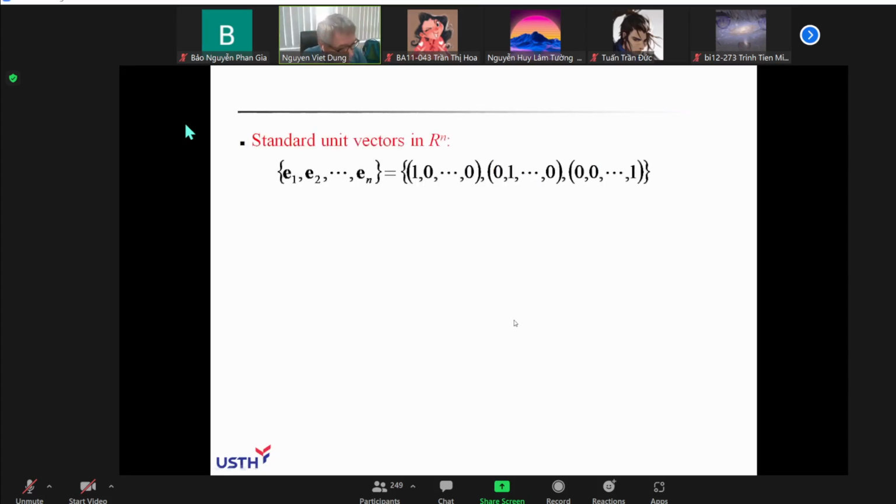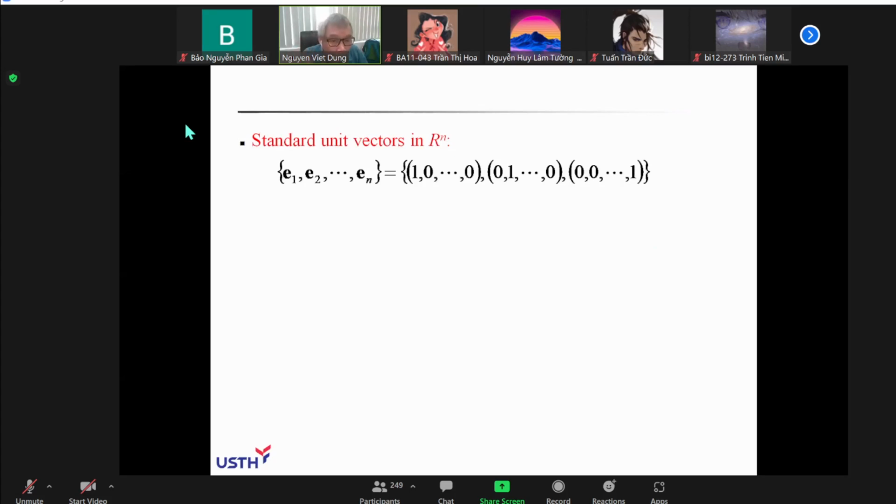Now, we know already that in n-space Rn, we have the standard basis consisting of n vectors e1, e2, up to en. That is something you see on the screen.